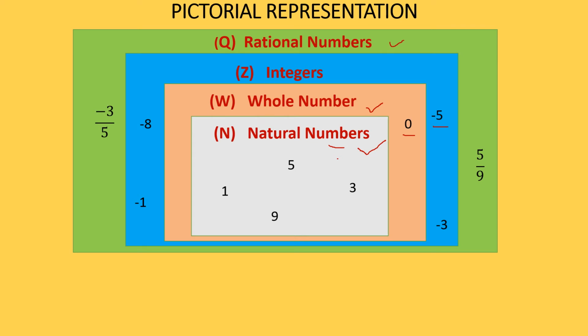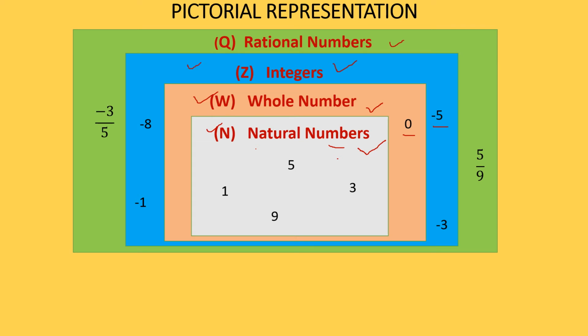The rational number is a much bigger term. Rational numbers include all the integers, all the whole numbers, all the natural numbers. You can see this box. See natural numbers, first box. Natural numbers means all the positive numbers. But the second box is whole numbers. This box involves the first box also. That means all the natural numbers are whole numbers. Now we will see the third box, integers.